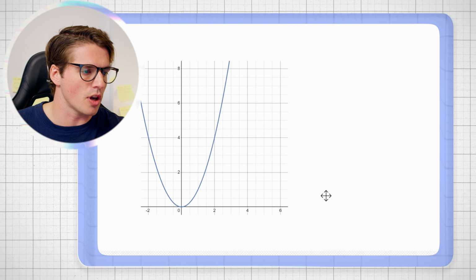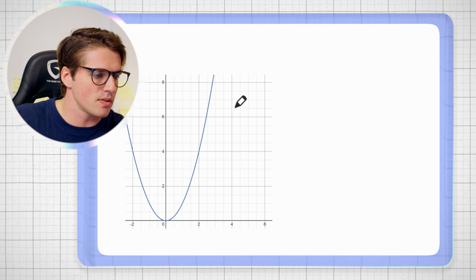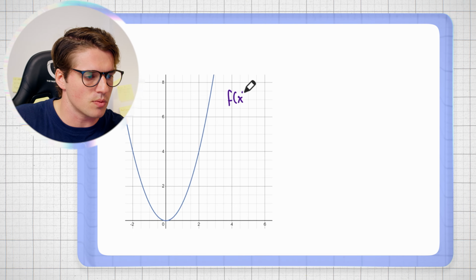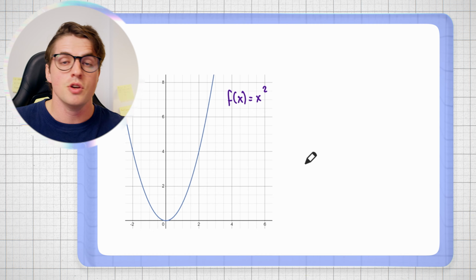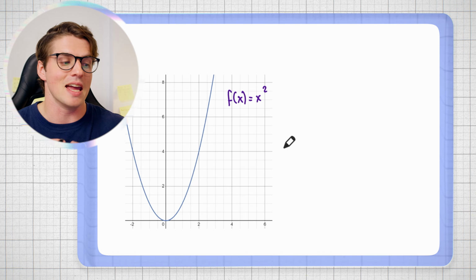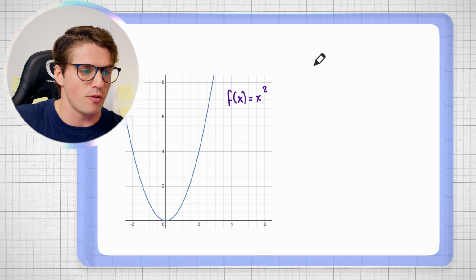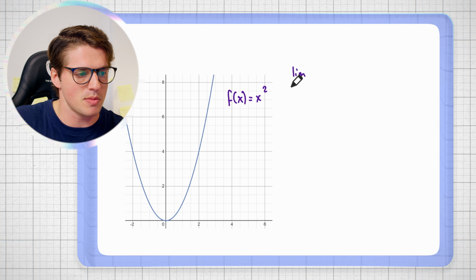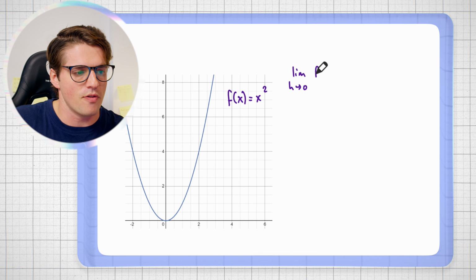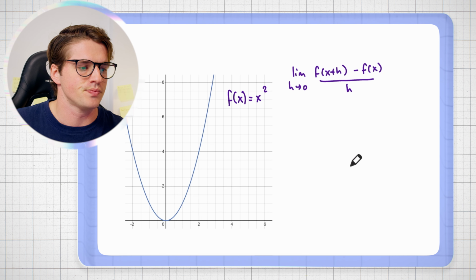So here below, our function is f of x equals x squared. If we want to find the equation for the derivative at any point on this graph, we're going to plug into that formula we had above: the limit as h goes to 0 of f of x plus h minus f of x all over h.